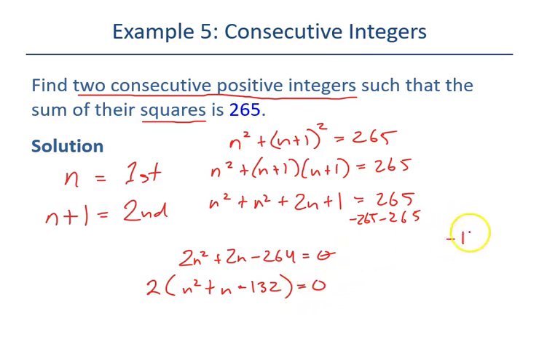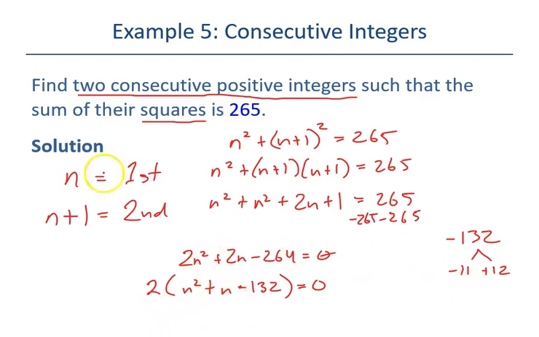Now we need to come up with factors of 132 that will also get us back to 1. When you do this, you're going to find that 11 and 12 are factors that will work out perfectly. And then we just have to look at it and go, how do I get that to 1? Well, how about we have a positive 12 and a negative 11, because 11 from 12 is going to give us 1.